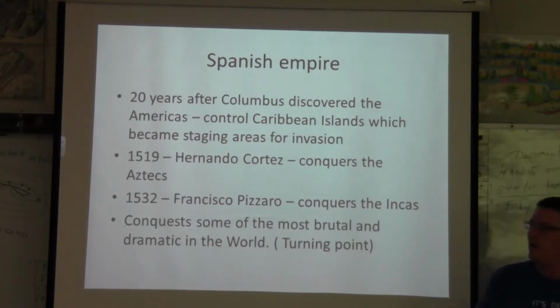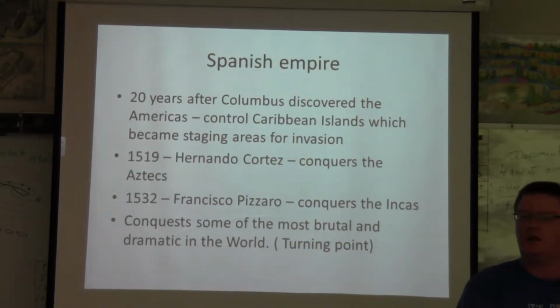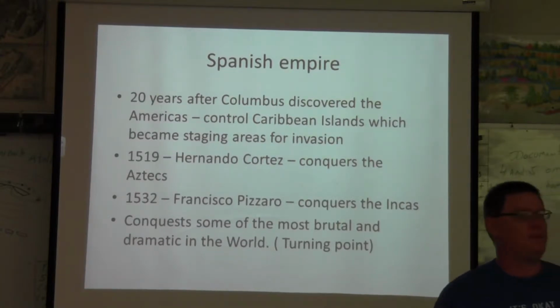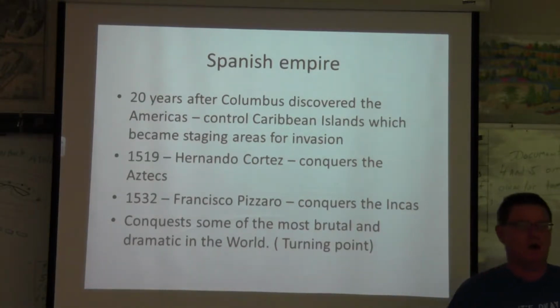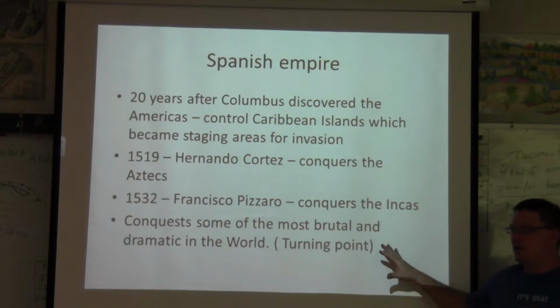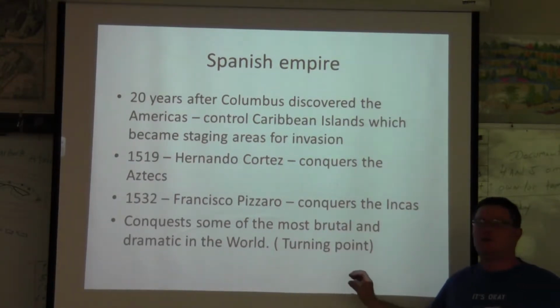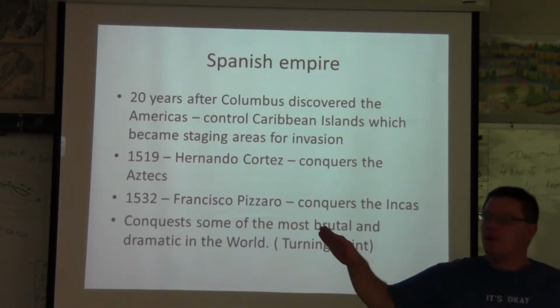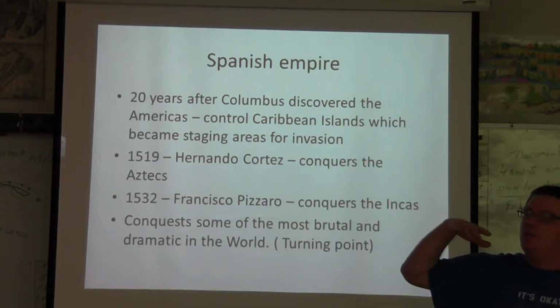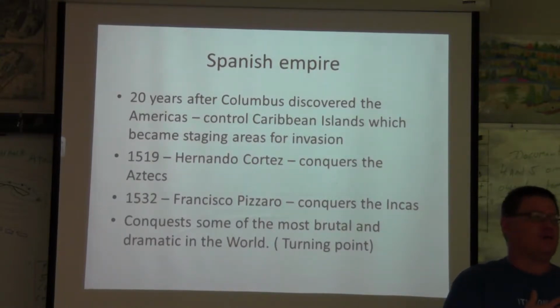And these conquests are some of the most dramatic and brutal in the entire world. As I've told you, they're a turning point or a door hinge where there has always been slavery, all right, from the Egyptian pyramids to the Great Wall of China to ancient Rome. But now, these conquests are going to be different.